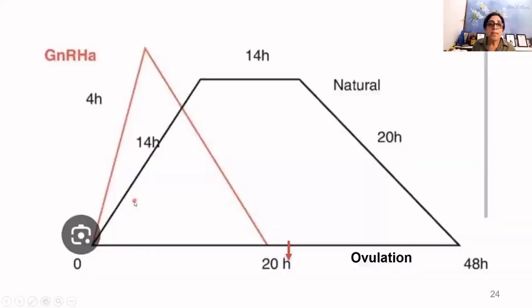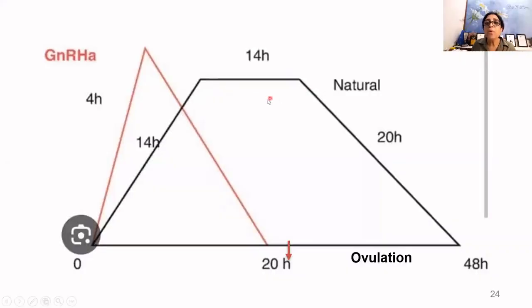So this is how the natural, endogenous LH surge goes. Suppose we say 20 IU or 18 IU is the level at which the LH surge has peaked. An 18 IU could be on the ascending limb, or an 18 IU could be on the descending limb.